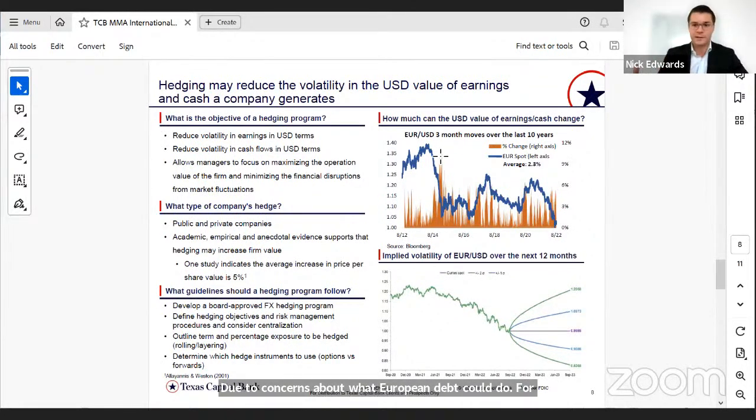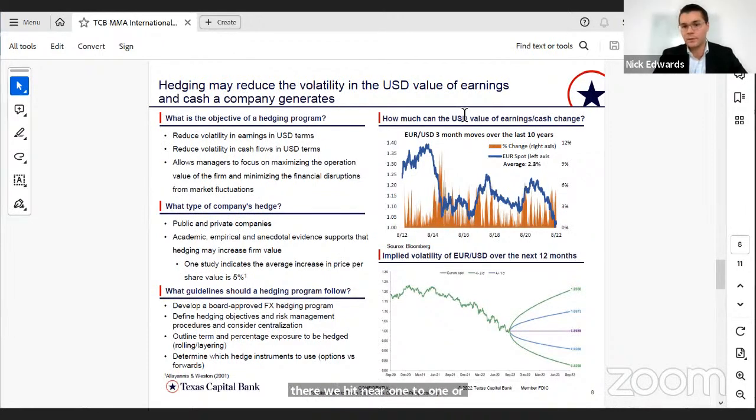So your Greece versus your France had much different credit profiles, which then resulted in cross-border issues of, was the euro going to break up? So as we saw there, we hit near 1-to-1 or parity, where there was concern of whether the euro was going to split. And then again, more recently, we saw the euro go to about 1-to-1, which is the lowest it's been in a very, very long time.